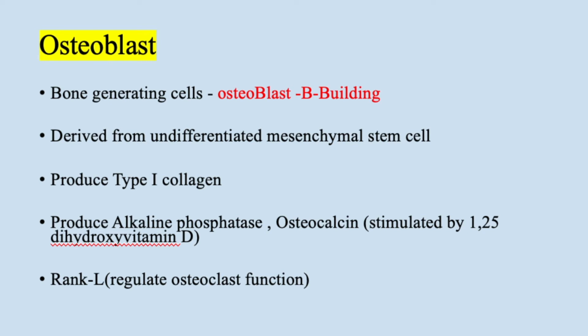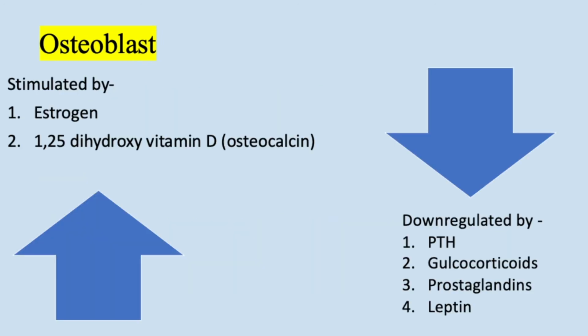RANK ligand is secreted by osteoblasts and binds to the RANK receptor on osteoclast precursors. This is very important. We'll be talking about it in coming slides. The osteoblast is upregulated by estrogen and 1,25-dihydroxyvitamin D, and it's downregulated by parathyroid hormone, glucocorticoids, prostaglandins, and leptin.